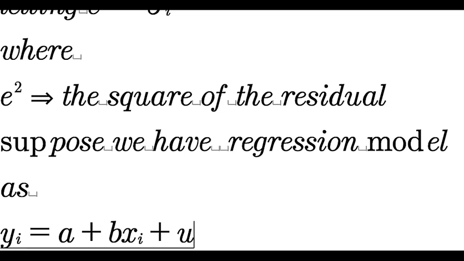Here we run the ordinary least square regression on this particular equation, because we have said that usually in reality the value of sigma i square is unknown. Therefore, we substitute sigma i square with the square of the residual, that is e cap square, or mu cap square, but we can't write cap here, so we just represent that residual value with e.